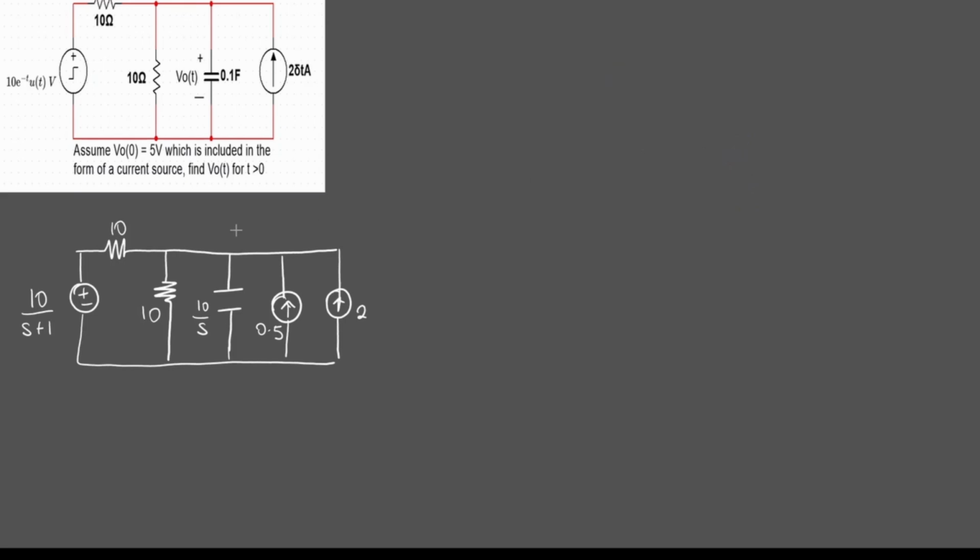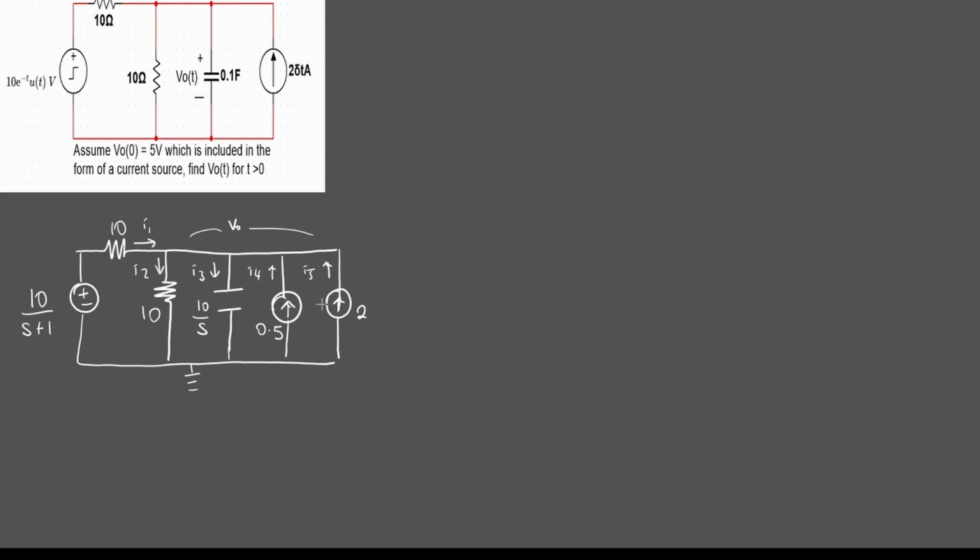And then we're going to assign this node a voltage of V0. Take this as a ground, and we're going to draw the current flows. Since we have a source here, we're going to call I1 entering the node. I2 leaving the node, I3 leaving the node. And since these two are sources, it's only safe to assume that they are entering the node, I4 and I5.